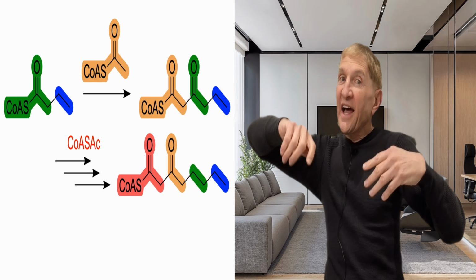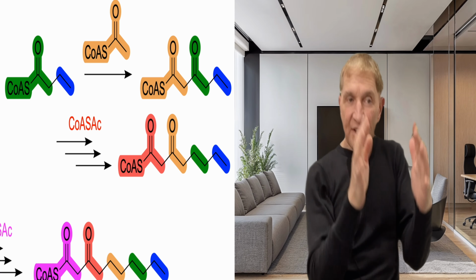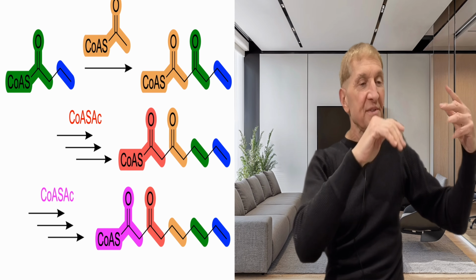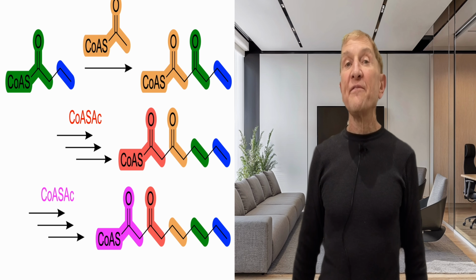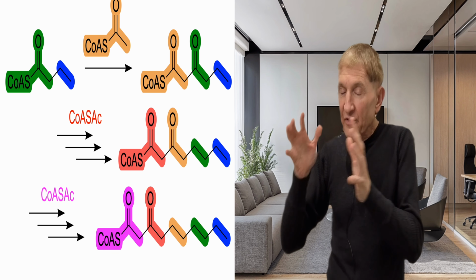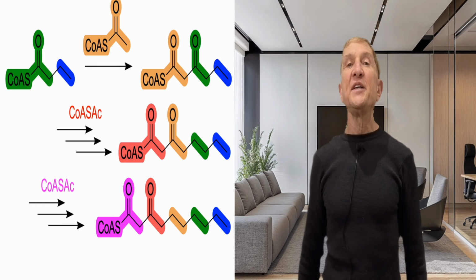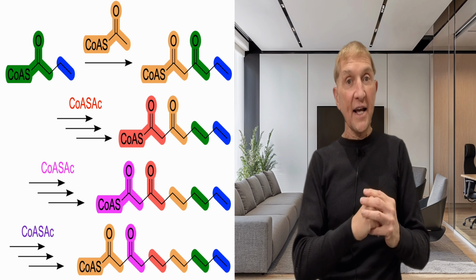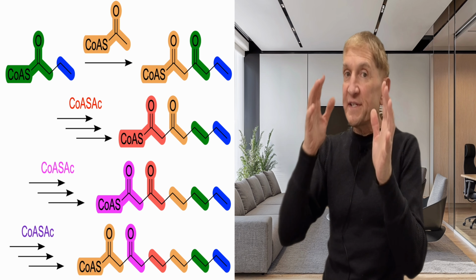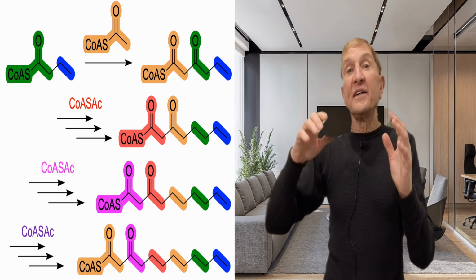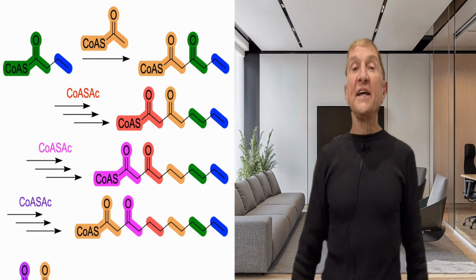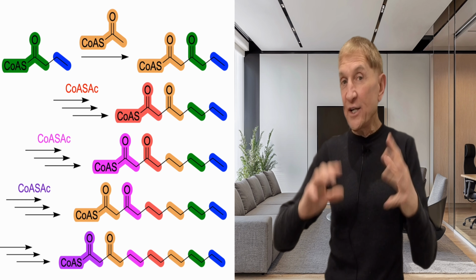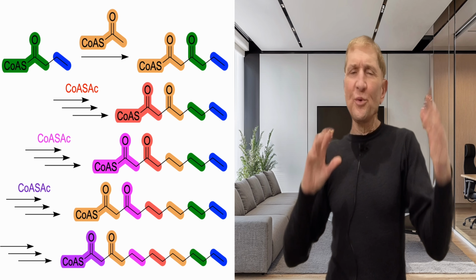And you can see how we can keep going. 8 carbons, 10 carbons, 12 carbons. A fatty acid of any even number of carbons is built up by this beautiful series of anabolic reactions involving C-C bond formation via Claisen-type enolate reactions, or enol reactions, however you want to think about it.